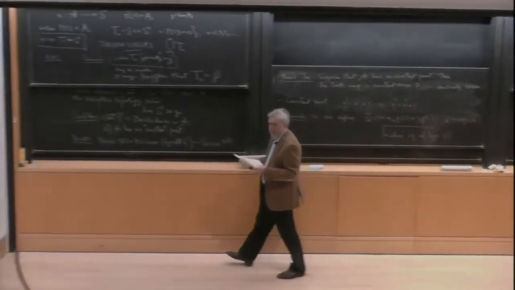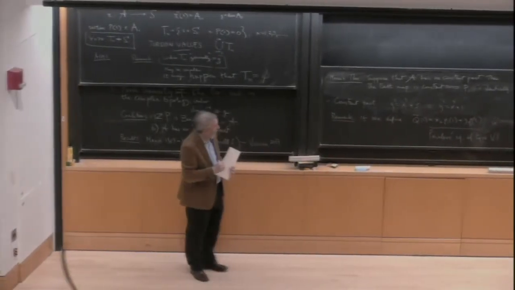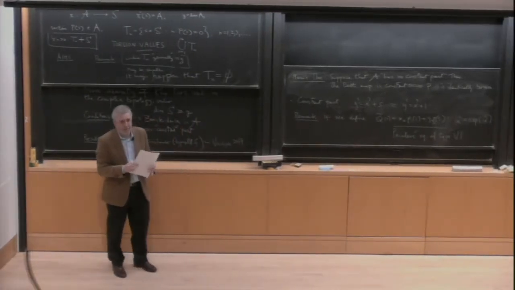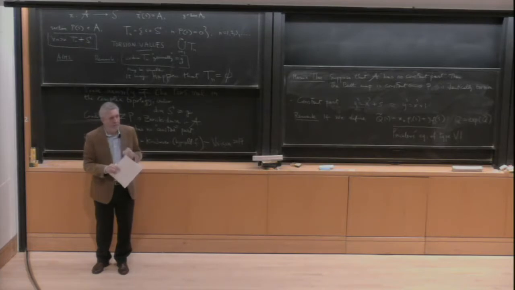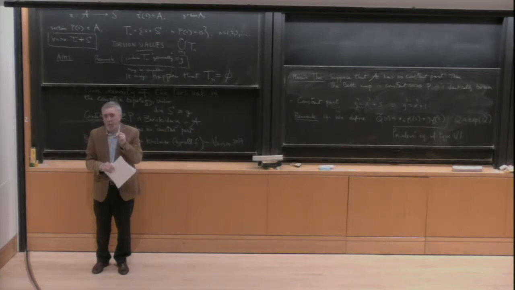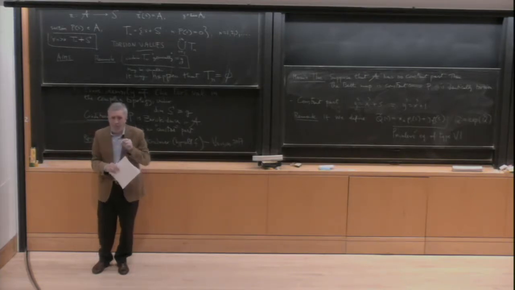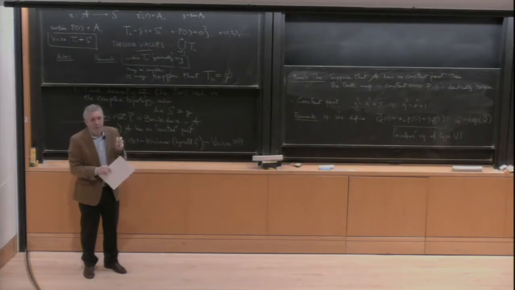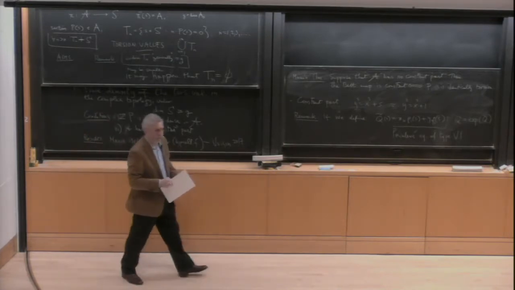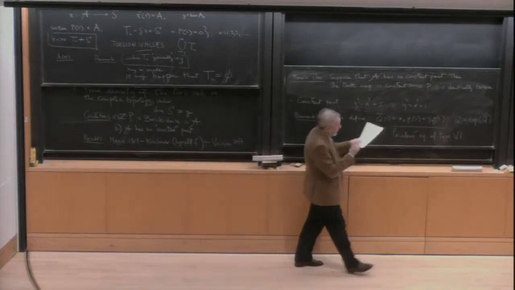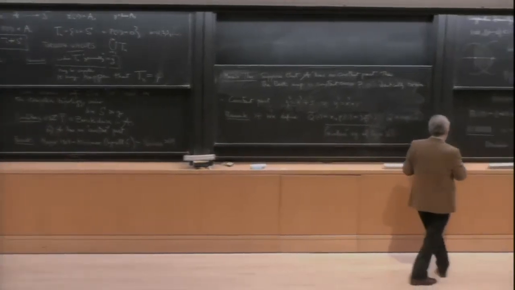Painlevé equations of type 6 are differential equations of the second order, where the second derivative is a polynomial of degree 2 in the first derivative with coefficients which are rational functions in the variable and the function. But they appear in a number of contexts.